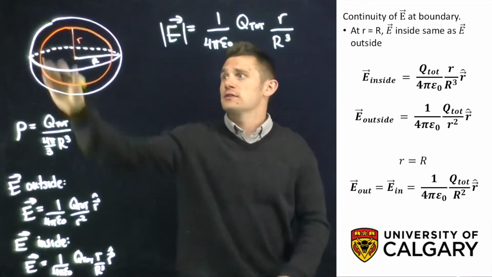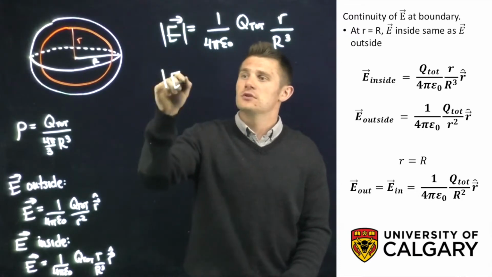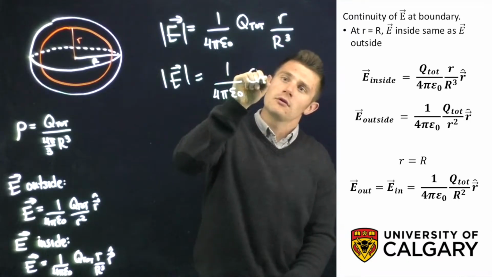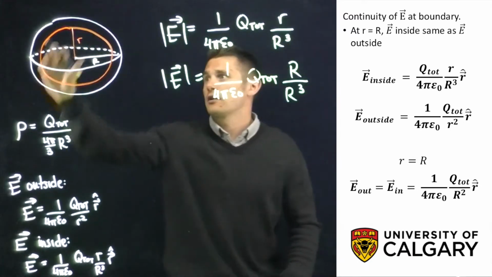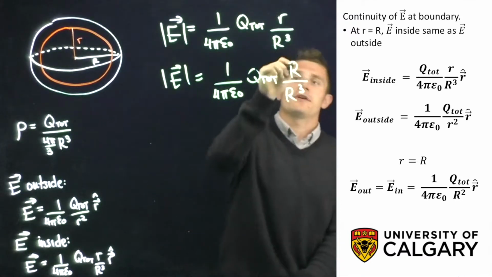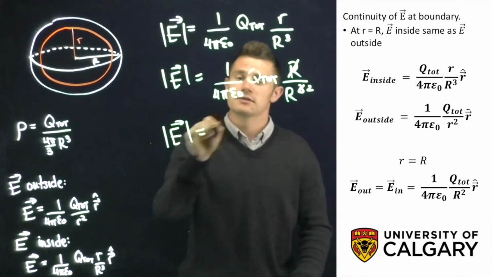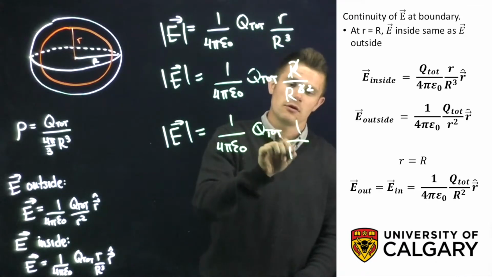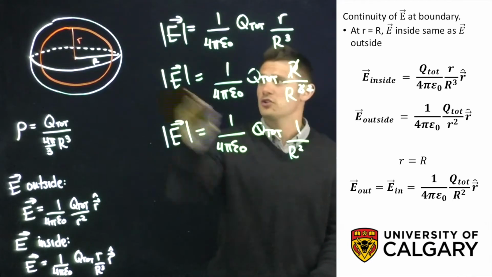At the surface of this sphere of charge, little r is going to equal capital R. So the magnitude becomes capital R over capital R cubed, because little r, our Gaussian sphere, will equal the radius of the outer sphere. We find that this cancels, and the magnitude of the electric field at the surface is 1 over 4 pi epsilon naught, this constant that's always present, times the total charge on the sphere, times 1 over R squared.